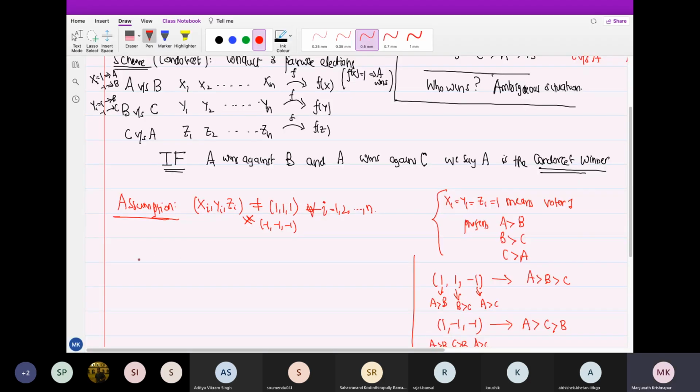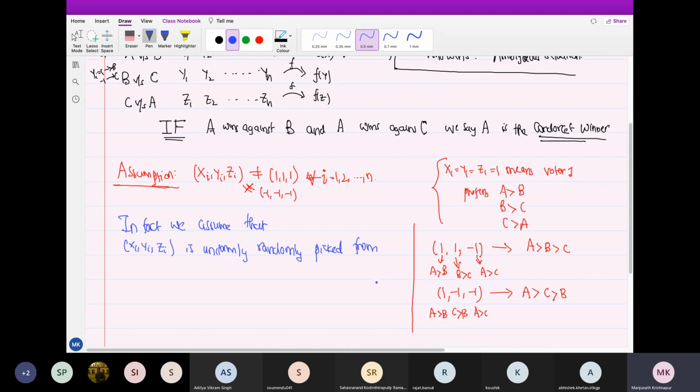Okay, if not, here is the non-Arrow's theorem setting. Let me put in the randomness assumption. Second, we assume that (xi, yi, zi) is uniformly randomly picked from the other possible 6 voting patterns.